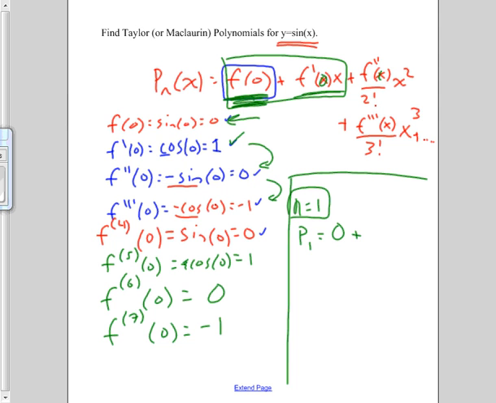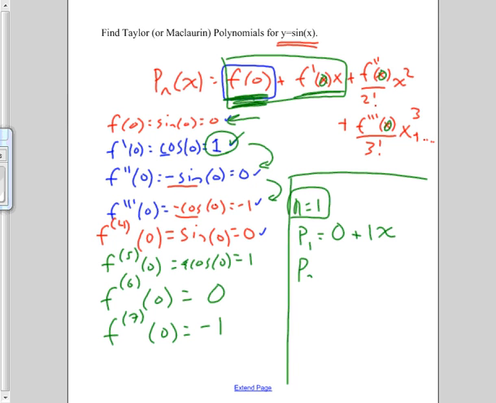These should all be evaluated at zero. So f prime of 0 is 1, so plus 1x. So that's my n equals 1 Taylor or Maclaurin polynomial for y equals sine x.